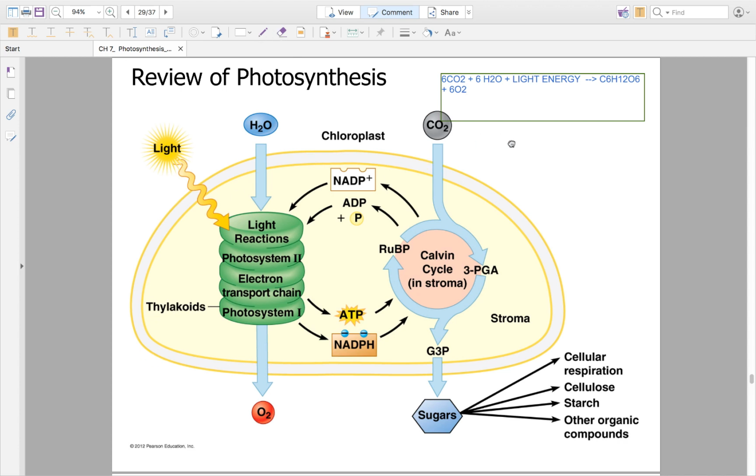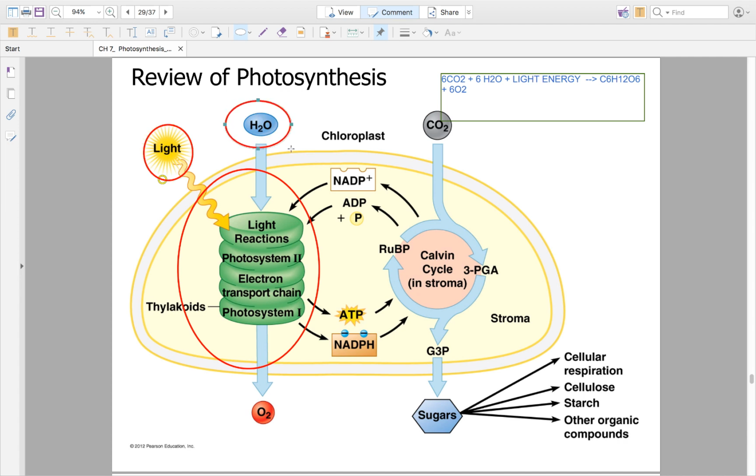Now, remember, the light reactions happen inside of the thylakoid membrane. And what's involved here, if you go back to your formula, only 2 things are involved: the water molecules, the reactants, and light.